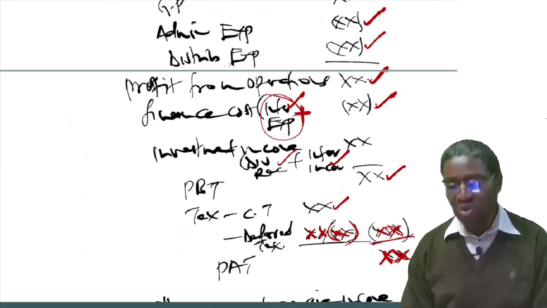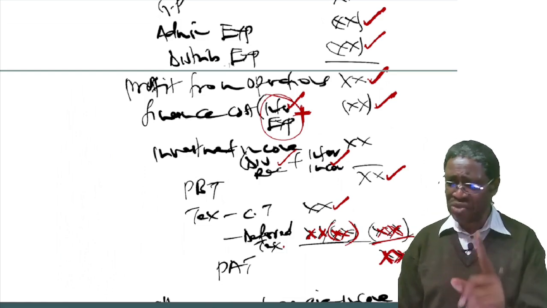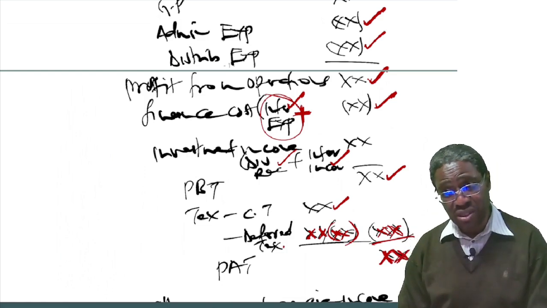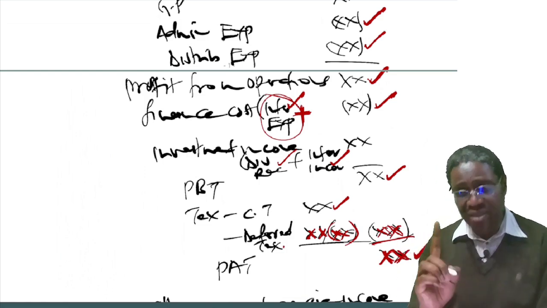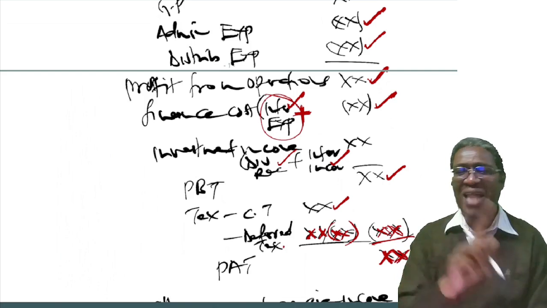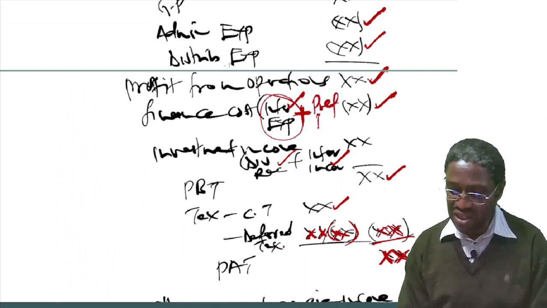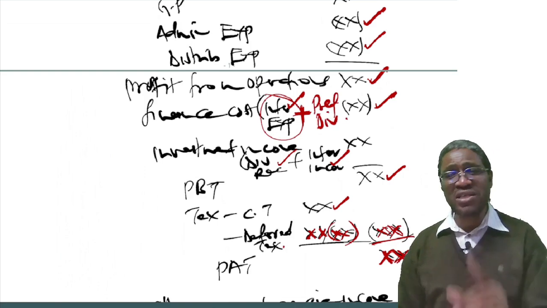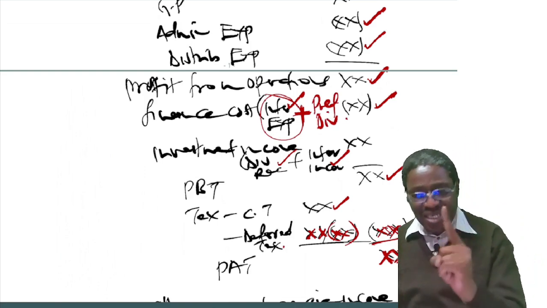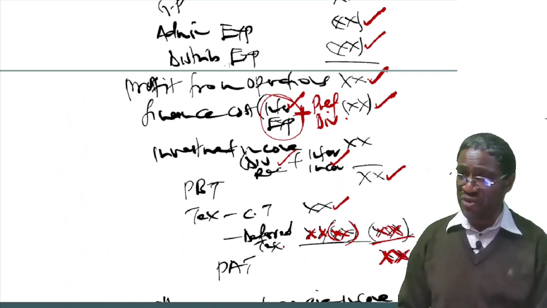That's why when we were discussing this in our lesson number 1, we saw that another example of a finance cost other than interest is preference dividends, and dividends on which kind of preference shares? On the redeemable preference shares.